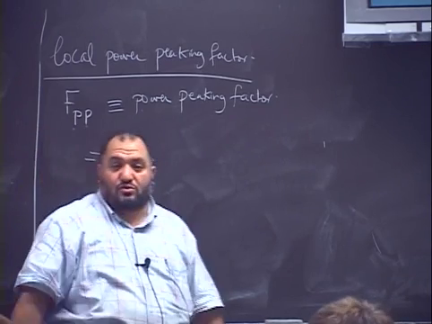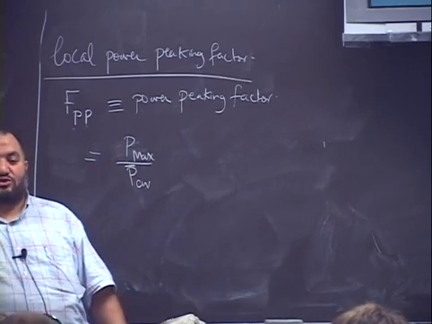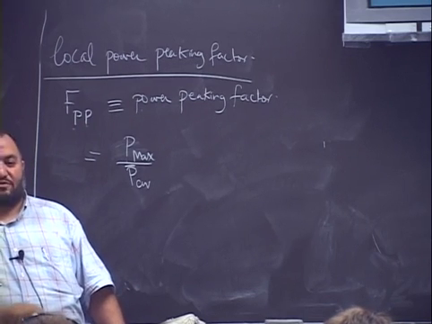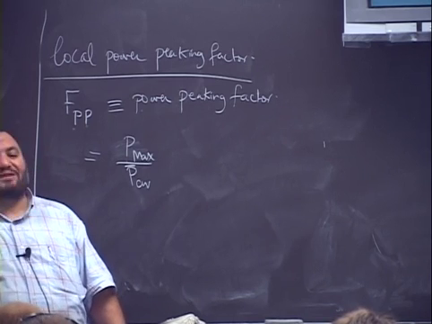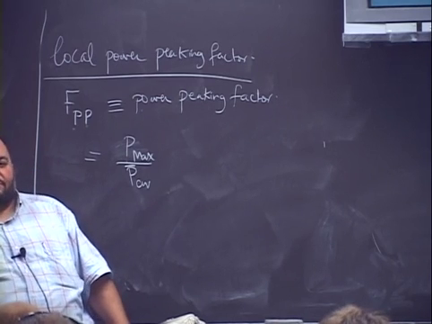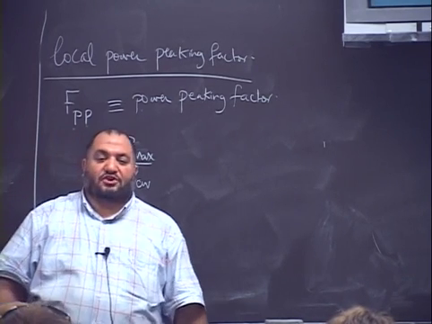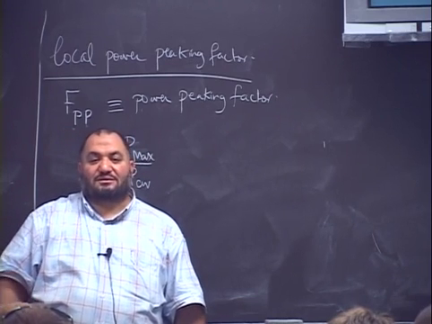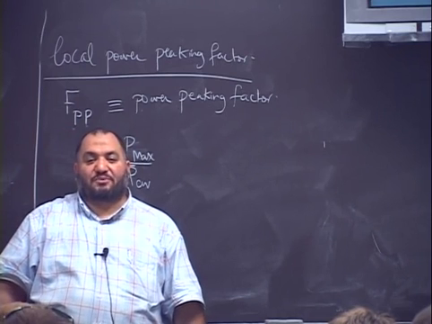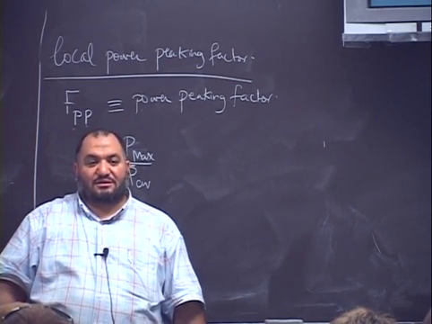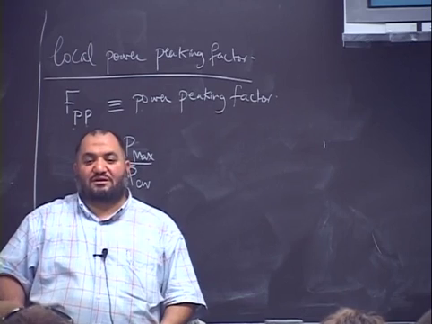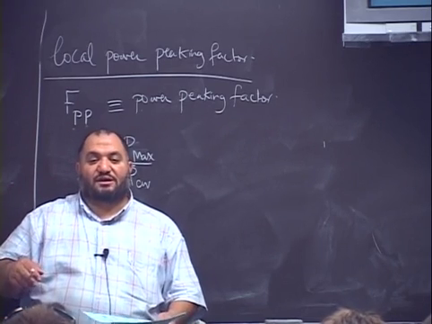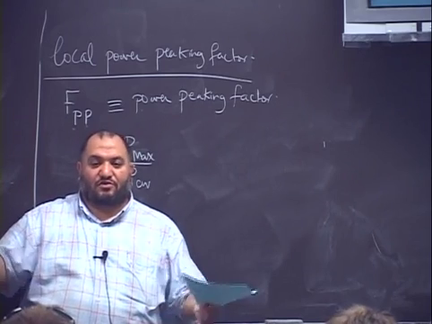But we know that the power is proportional to the flux. How is the power proportional to the flux? What is the power in the nuclear reactor? Fission rate multiplied by what? By a constant. What is the constant? Energy per fission. So it is just energy per fission, a constant, times the integration of sigma fission of x, phi of x, dx over volume.